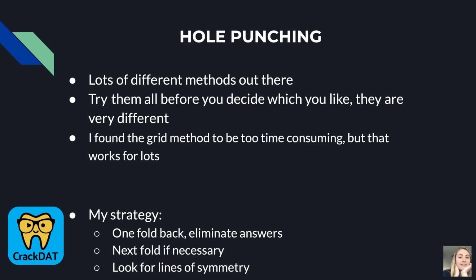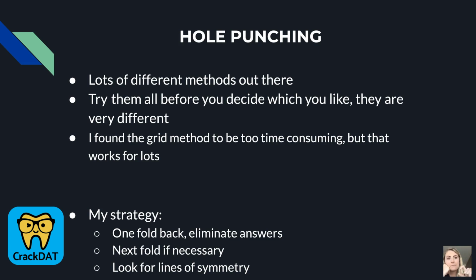Hole punching. Okay, so there are lots of different methods out there. There are ones where you make a grid and you dot where the holes have been punched. Definitely try them all before you decide what you like in particular. They're very different. I found the grid method really time consuming, and I know a lot of people set up their grids beforehand, but I like to have my paper for other reasons, like doing the quantitative reasoning or whatever else.